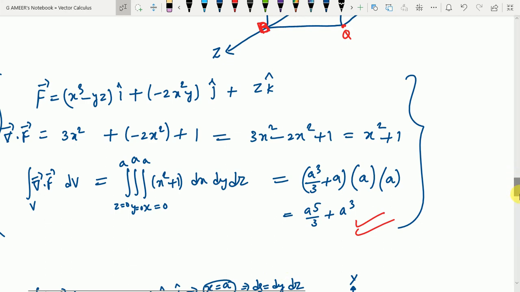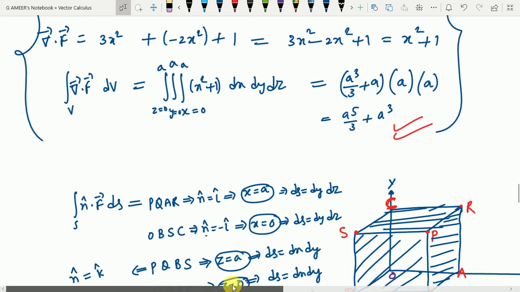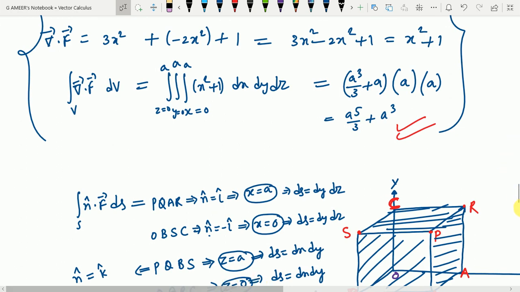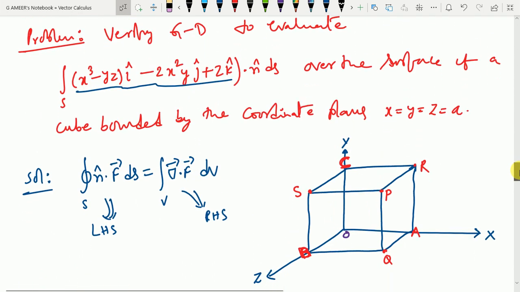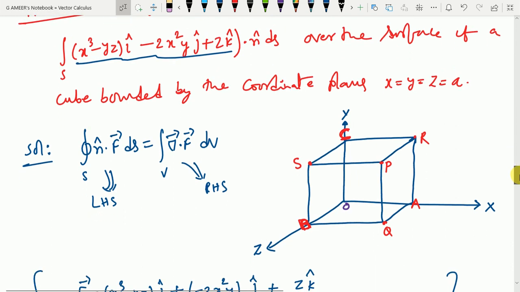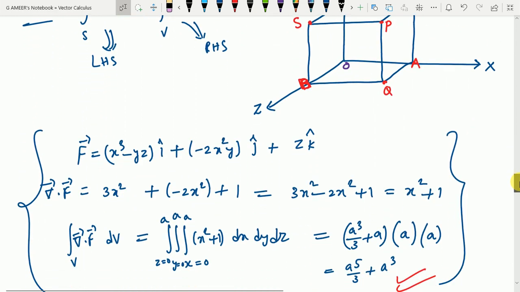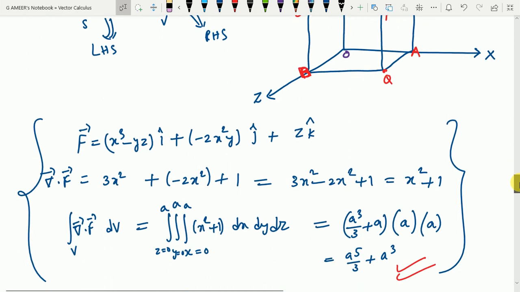So I hope it is clear to everyone how to verify the Gauss divergence theorem. These examples will illustrate clearly how to verify it. LHS part separately and RHS part separately. When we are calculating the LHS part, a lengthy task will come.